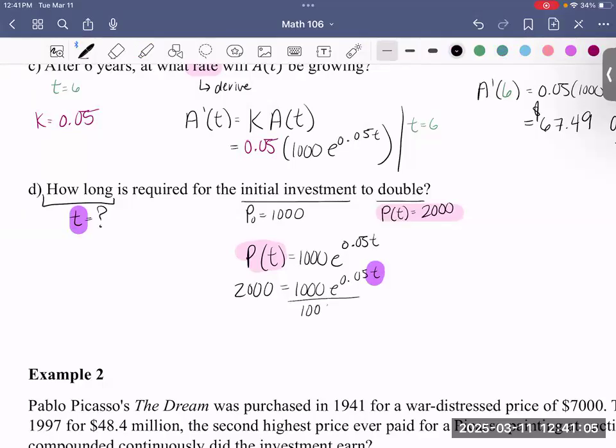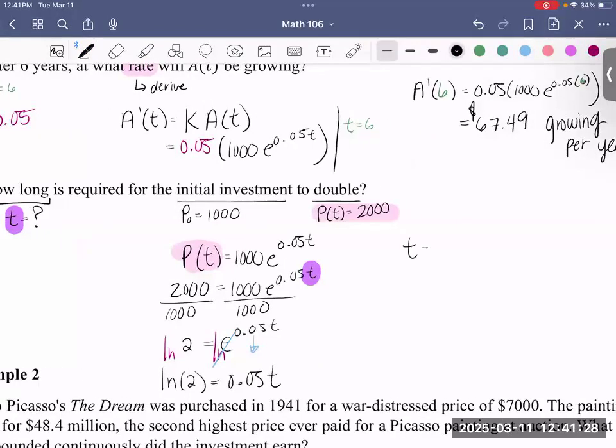So let's go ahead and divide by 1,000. So you're left with 2 is equal to e^(0.05t). To get rid of e, we have to write in an ln, and that will cancel this and allow your 0.05 to drop. So we have ln 2 is equal to 0.05t.